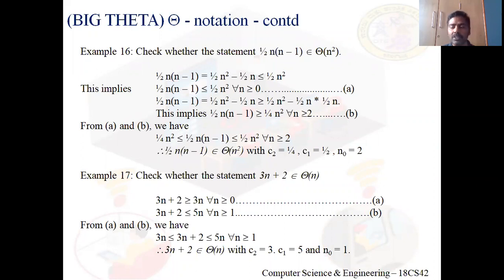For each and every problem, whatever algorithm you are going to design, you need to represent your solution's growth rate in asymptotic notations. You need to tell me whether your algorithm's growth rate is big O of something, big omega of something, or big theta of something. So I request you to go through this topic in depth.